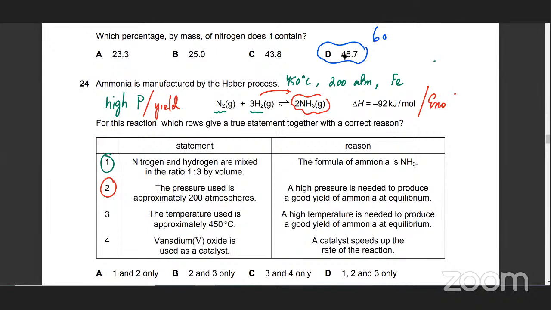Lower temperature or higher temperature? ठीक है, it's going to be favored at a lower temperature. तो ये वाली स्टेटमेंट गलत है. मतलब ये वाला पार्ट ठीक है, but the next reasoning is wrong. कि higher temperature is not going to produce a good yield, it's going to produce a bad yield, क्योंकि higher temperature जो होता है वो endothermic को favor करता है, it doesn't favor the exothermic.